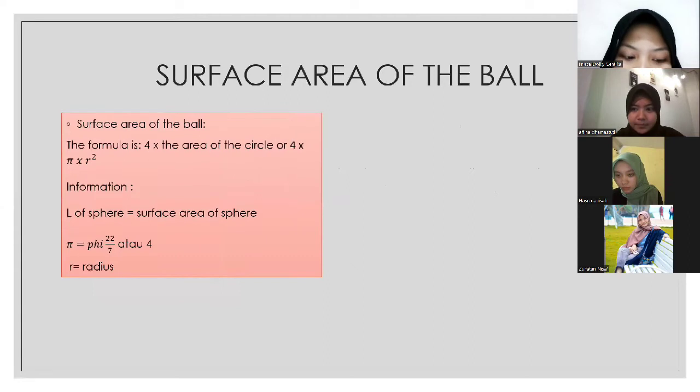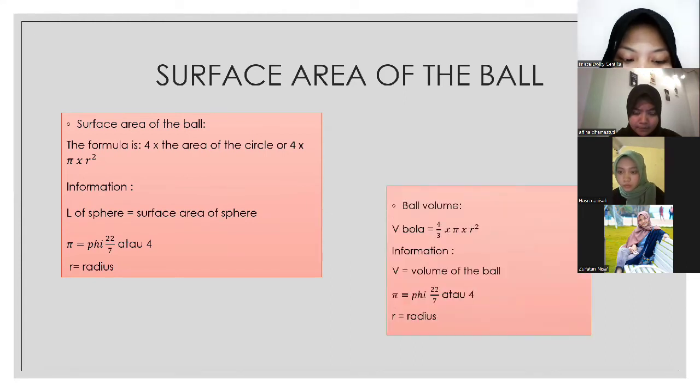Good job, Vina. Thank you. Here is the information. L equals the surface area of the sphere. Pi equals 22/7 or 3.14. R equals radius.